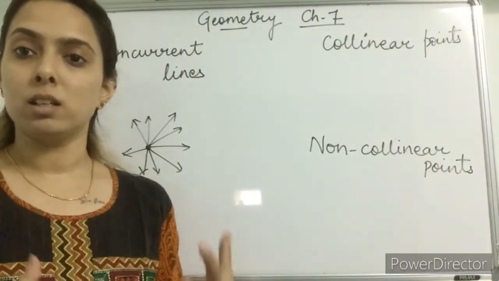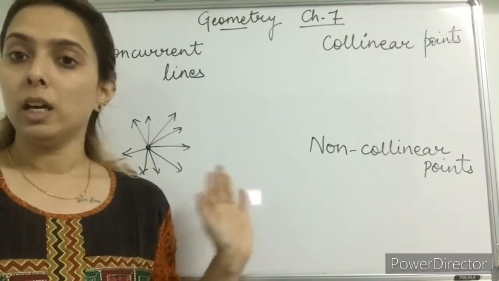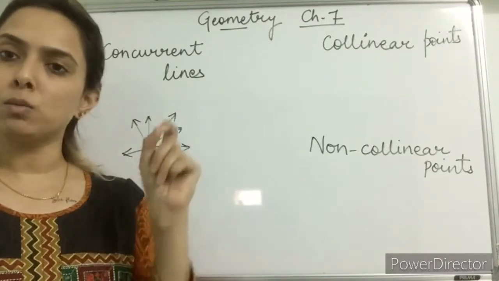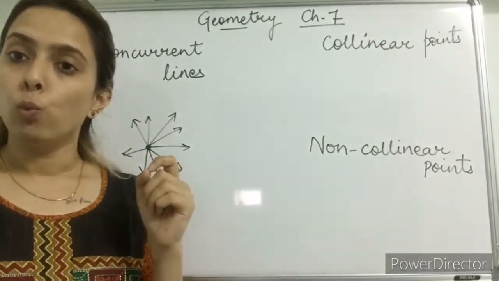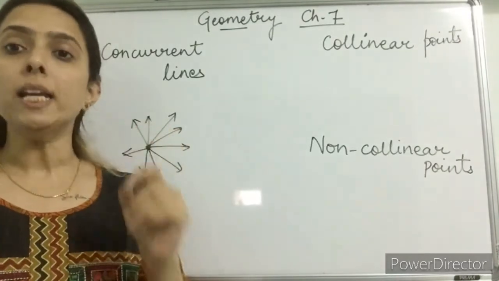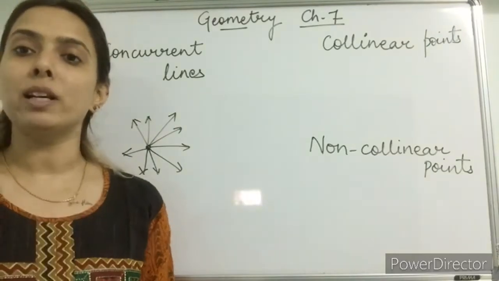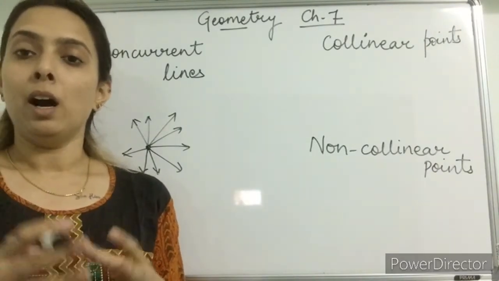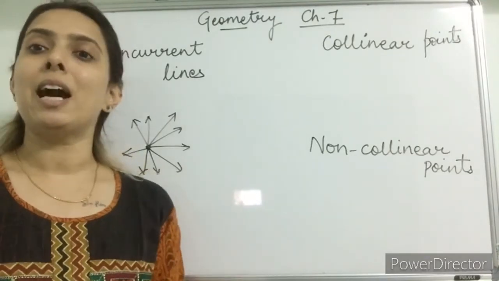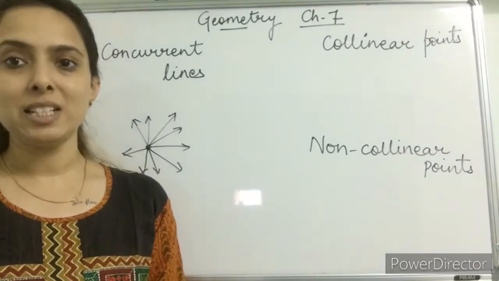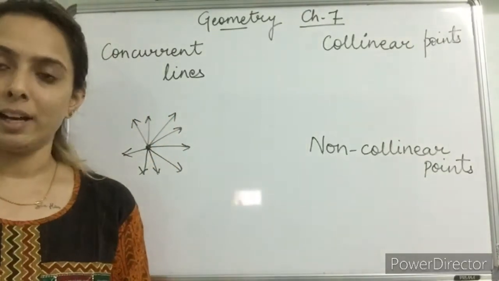As many lines we can draw through a single point. So here, when n number of lines, meaning endless, countless lines, are drawn from a single point, those lines are known as concurrent lines. So all these lines are known as concurrent lines.